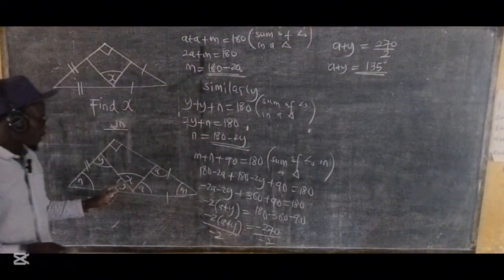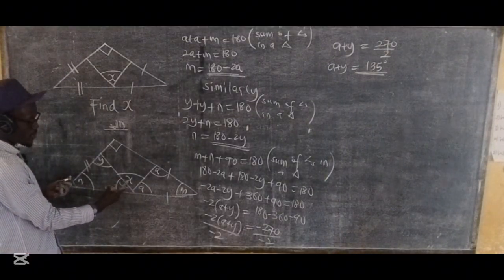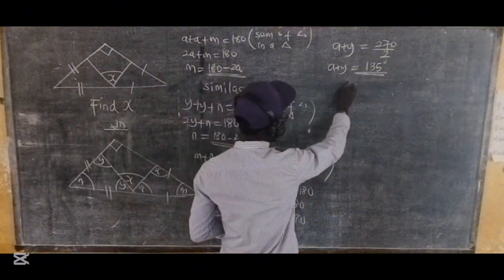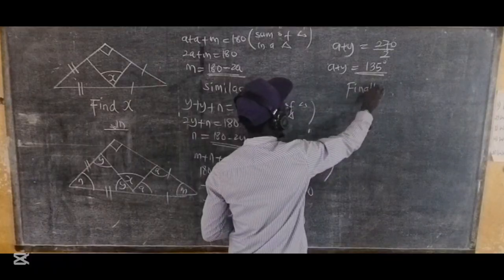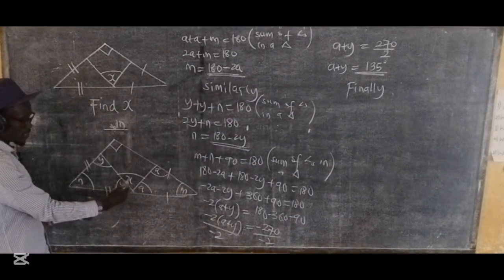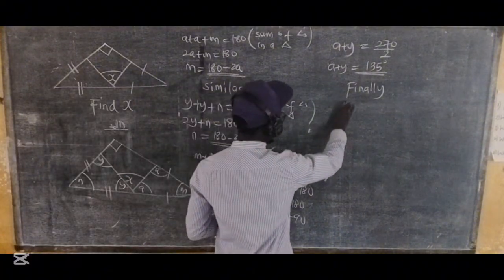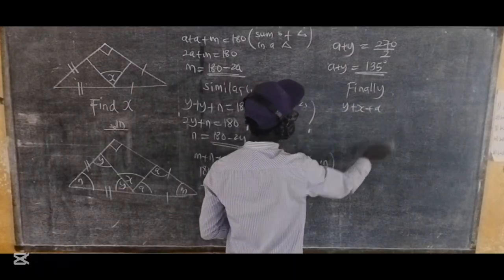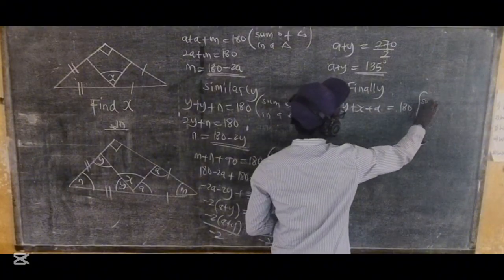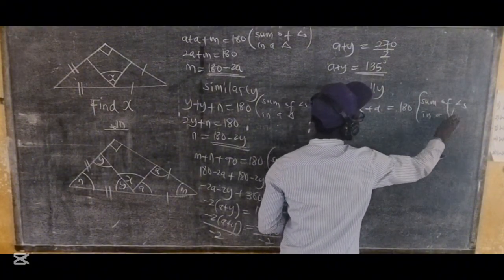Now the question says we have to find the value of x. If you look at this diagram, we know Y, x and A lie on a straight line. Therefore, we are going to add them. So Y plus x plus A equals 180 degrees. The reason being it is the sum of angles on a straight line.